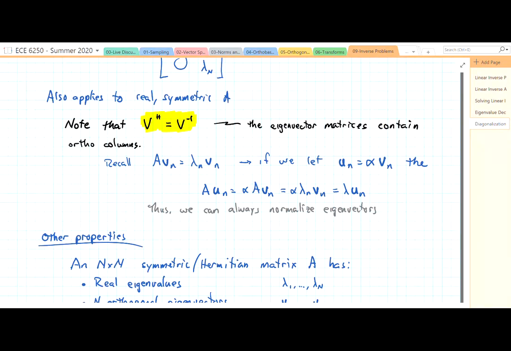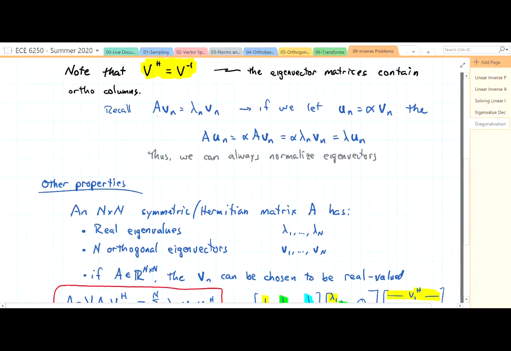Well, if we look at our basic eigenvalue eigenvector equation, it's apparent that if we were to come up with a new vector u that's equal to a scaled version of v, then A times u would be equal to alpha A times v, which is alpha lambda times v, which is lambda times u. In other words, we can always normalize eigenvectors.